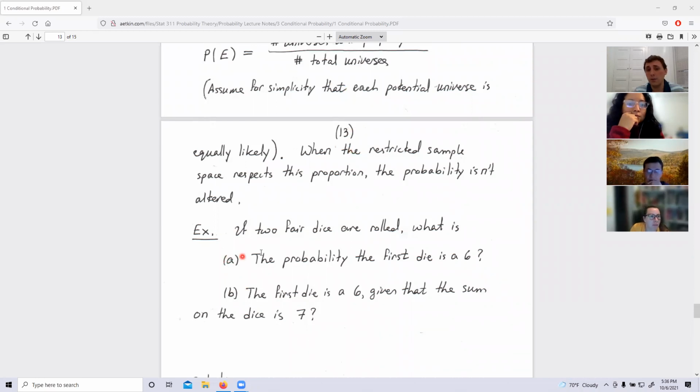Calculate for two fair dice that are rolled, calculate the probability that first die is a 6. And B, calculate the same thing given that the sum is equal to 7.